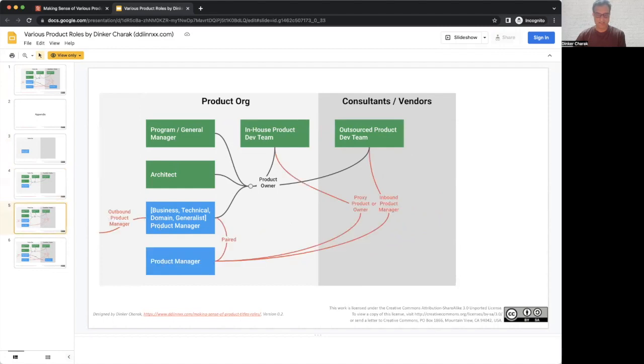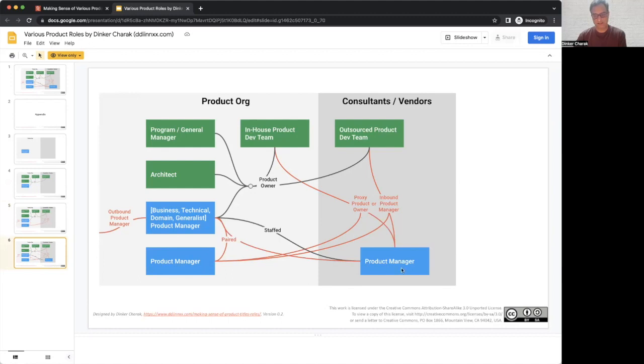And then these product owners may focus on outbound. They may pair with another product manager who is from a consulting organization, for example, and this product owner can act as a proxy, and thus they can help with the inbound product manager's roles and responsibilities.